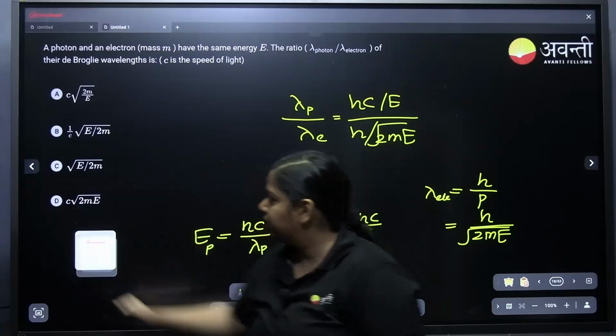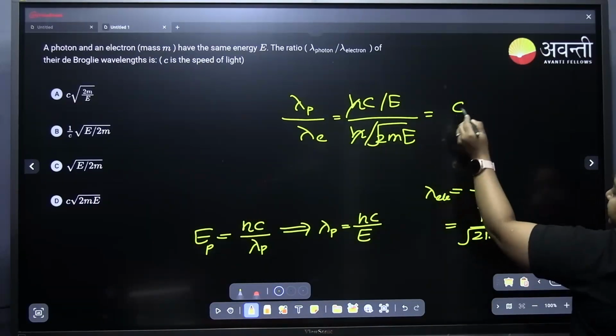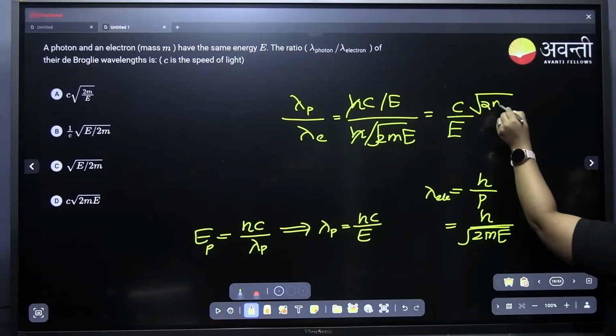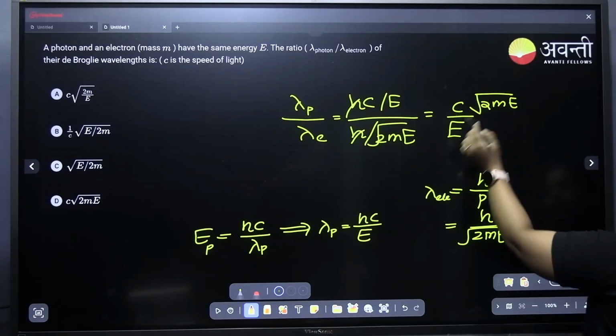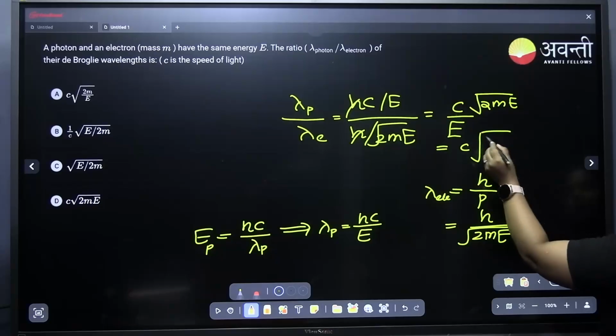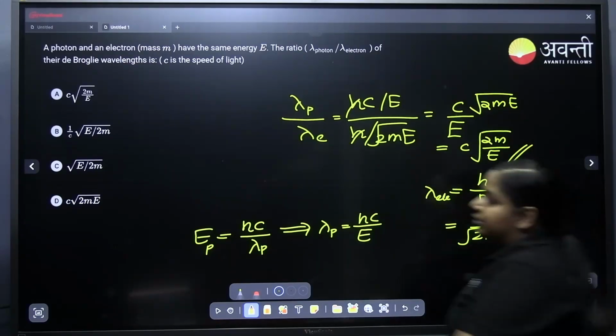Are you sure? See, when you cancel h, it will be c by E into root 2mE. E and root E will cancel, so we will have c into root 2m by root E. Okay, the answer is option A.